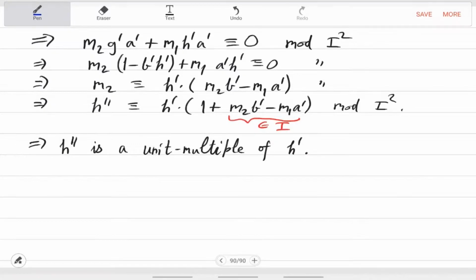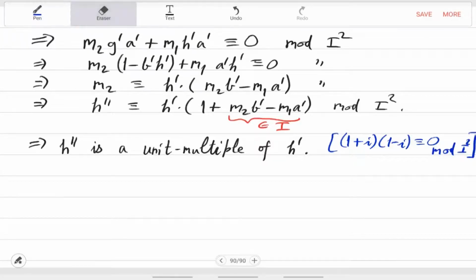The reason is just that 1 plus i times 1 minus i is 1 mod I square, because i square is 0 mod big I square.